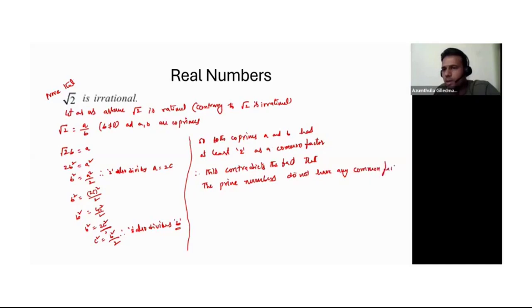Why is this arising? Because we assumed that root 2 is rational, which is incorrect. Therefore, our assumption of root 2 as rational is wrong.